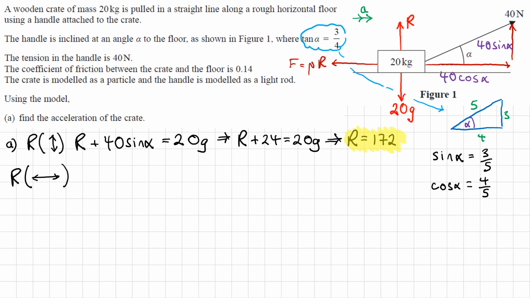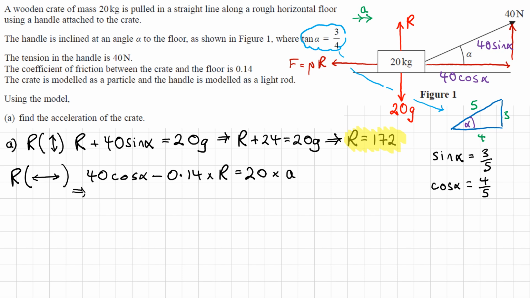Well, 40 cos alpha is the only pulling force, and the force resisting that is mu R. So minus my frictional force F, which is equal to mu R. So that will be mu, which is 0.14 times R. And that will be equal to ma. So the mass of 20 times the acceleration, which we're trying to find.